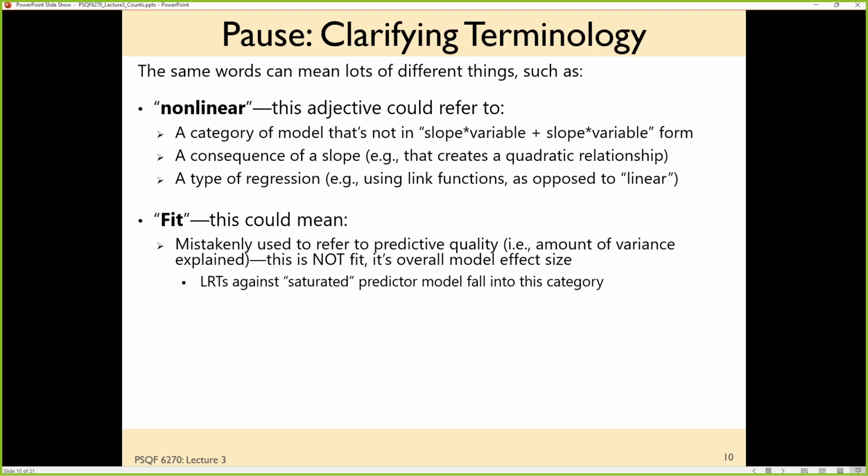So you will see in the context of general linear models a whole bunch of examples of use of likelihood ratio tests that have to do with whether or not the model fits better after adding predictors. And I would argue that's not the right term for that idea. You can ask whether the prediction is better, but I don't think it makes sense to say fit.